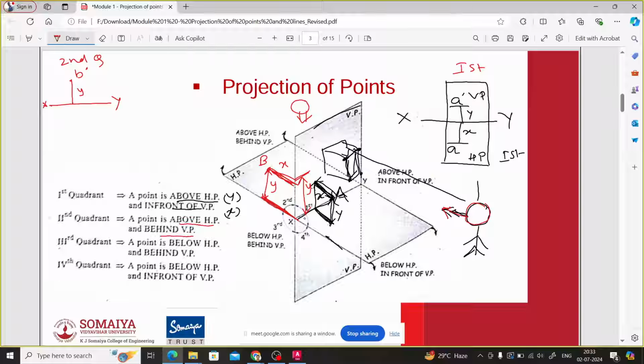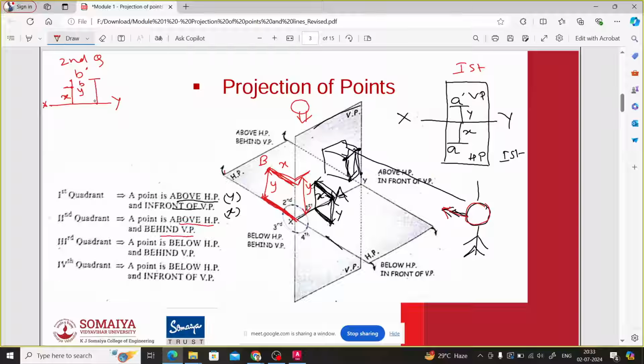Now very similar to the first quadrant, we completely rotate the horizontal plane, right? After the rotation, what will be the position of x? x should lie above the xy, or the top view is obtained above the xy. Okay, so depending upon the length of x and y, here I am assuming that the length of x is smaller than y, so we will get b dash and b.